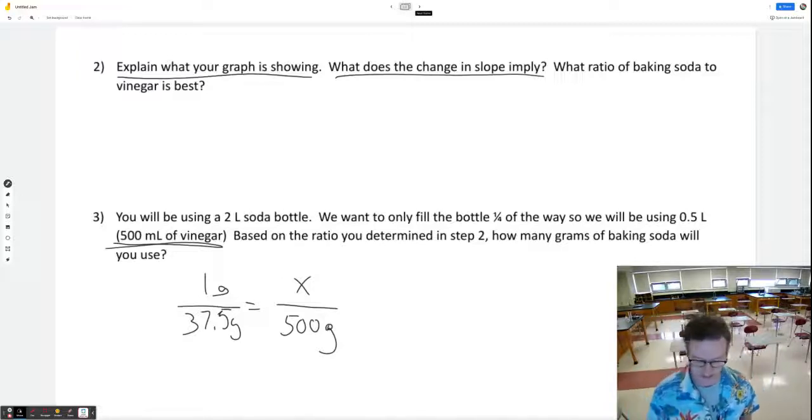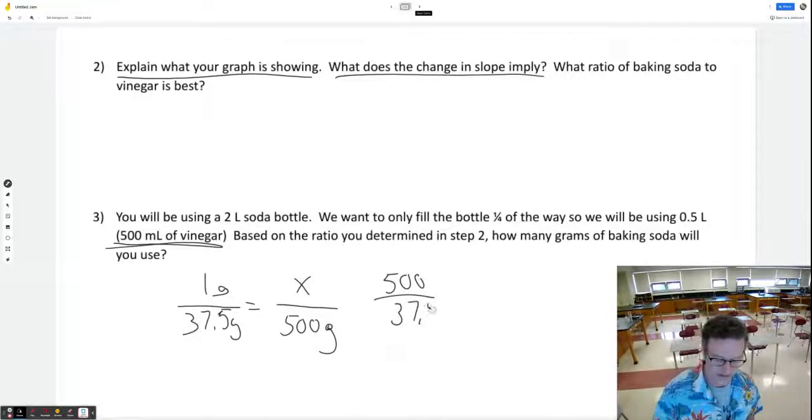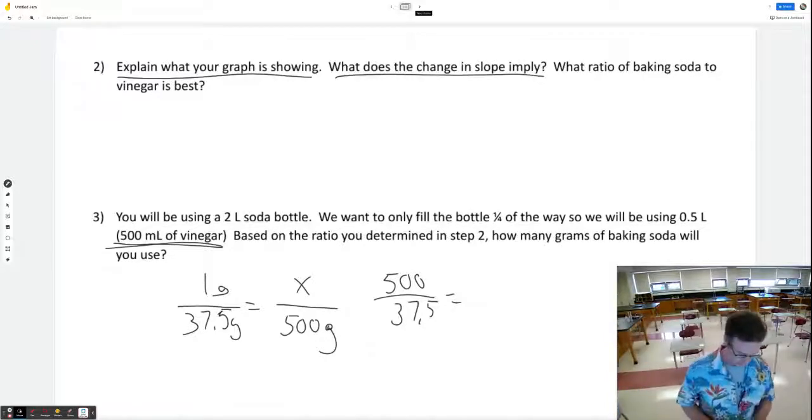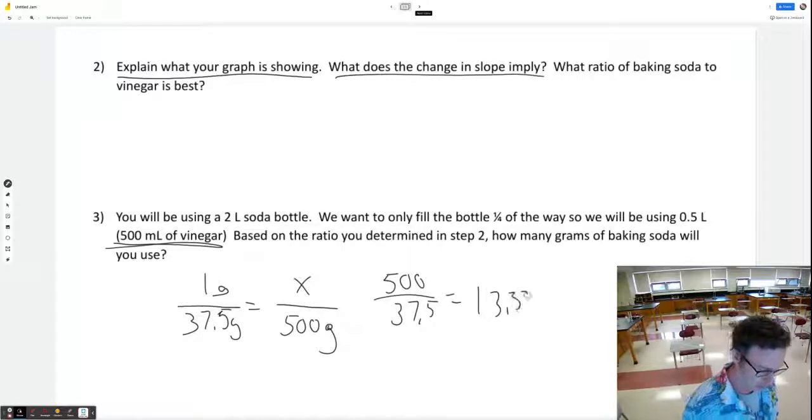So we'd cross multiply and we'd have 500 divided by 37.5, which comes out to, I don't know what, because I'm making these numbers up. 37.5 divided by 500. Oh, I did that upside down. 500 divided by 37.5 would be 13.33 grams of baking soda.